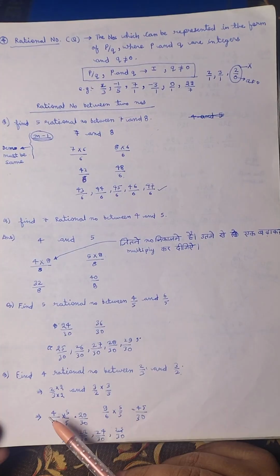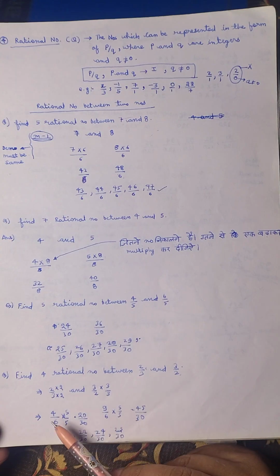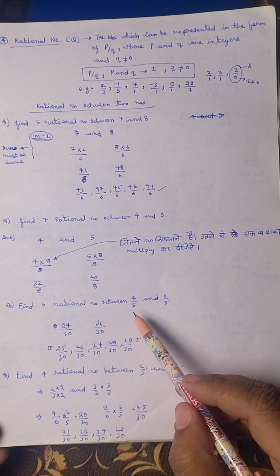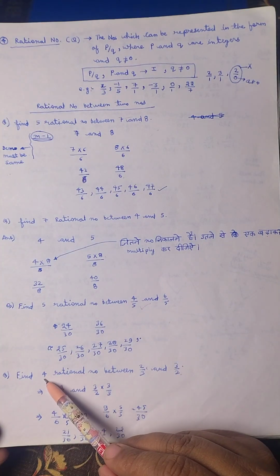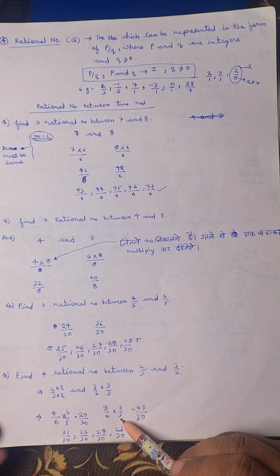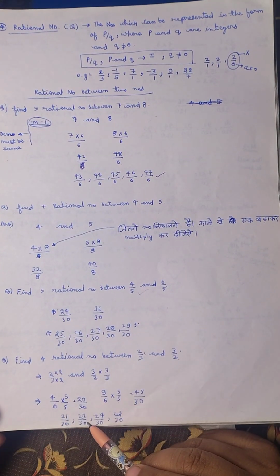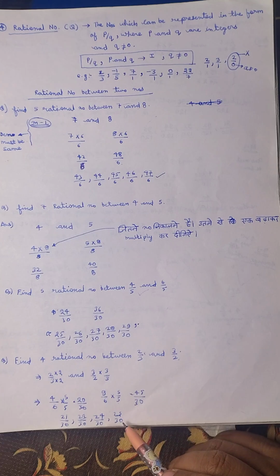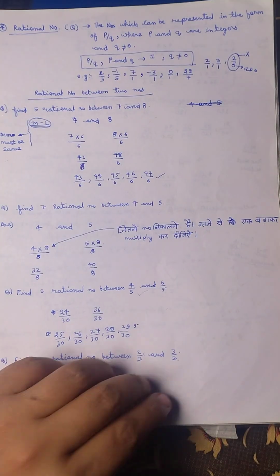After multiplying, we will get 24 by 30 and 25 by 30. Now that the denominators are the same in both numbers, we can follow the method like we have done here. We need 4 rational numbers, so we will multiply by 5 and divide by 5. 21 by 30, 22 by 30, 24 by 30, 25 by 30 are the rational numbers that we needed.